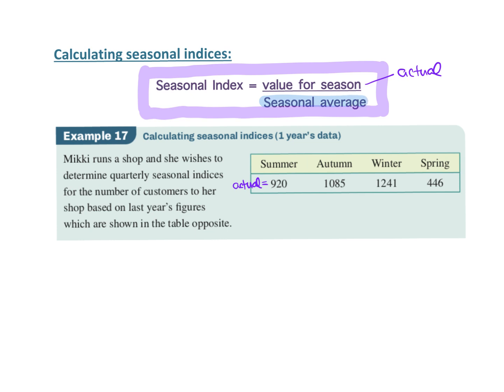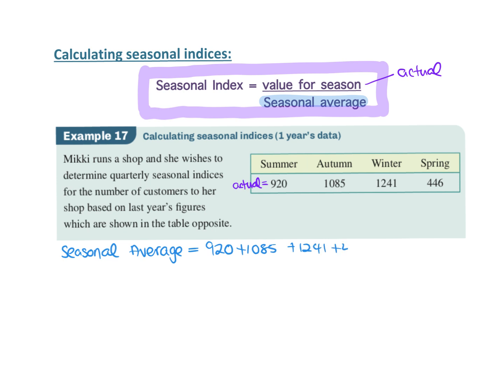So I'm going to calculate the seasonal average, and you do that the same way you work out any average. How do we work out an average normally? You add them all up and you divide by how many there are. So that's what I'm doing here.